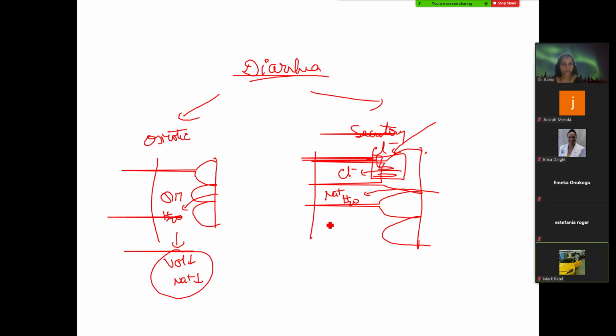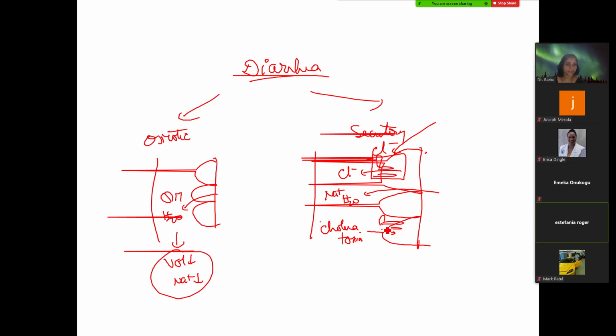One was infection, cholera, where the organism cannot go in, but the cholera toxin goes inside the cell and opens the chloride channels.